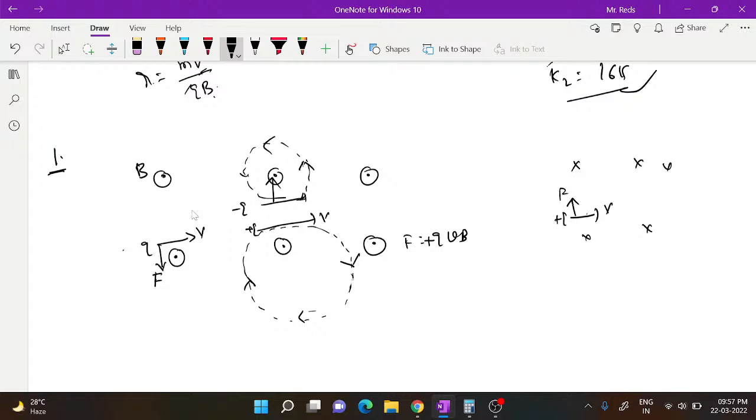So positive charge will undergo anti-clockwise motion like this in an inward field. A negative charge here undergoes clockwise motion like this. That is how it will move according to the right hand thumb rule or palm rule. Outside means this direction in the palm.